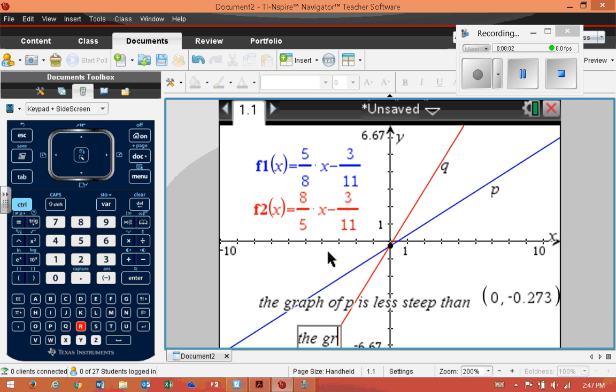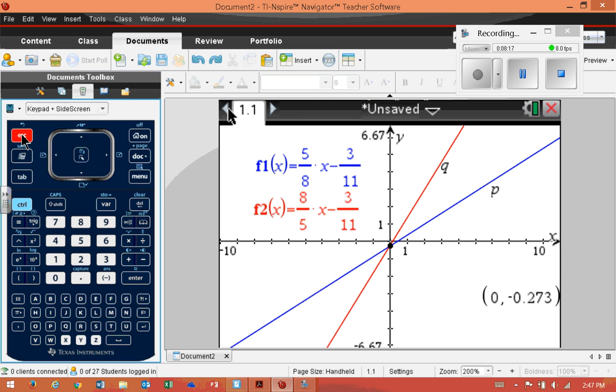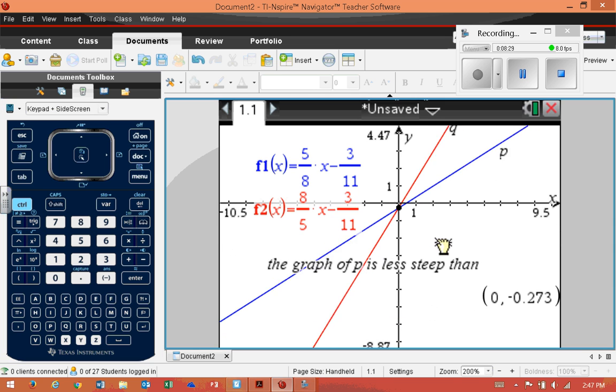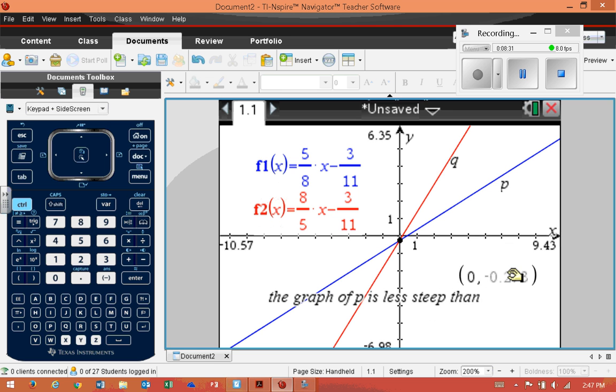Did I just lose that? Okay, well, my control undo will take care of that. Well, maybe not. Let me try control redo. Okay, well, maybe I just moved it somewhere. But anyway, I think you get the point.